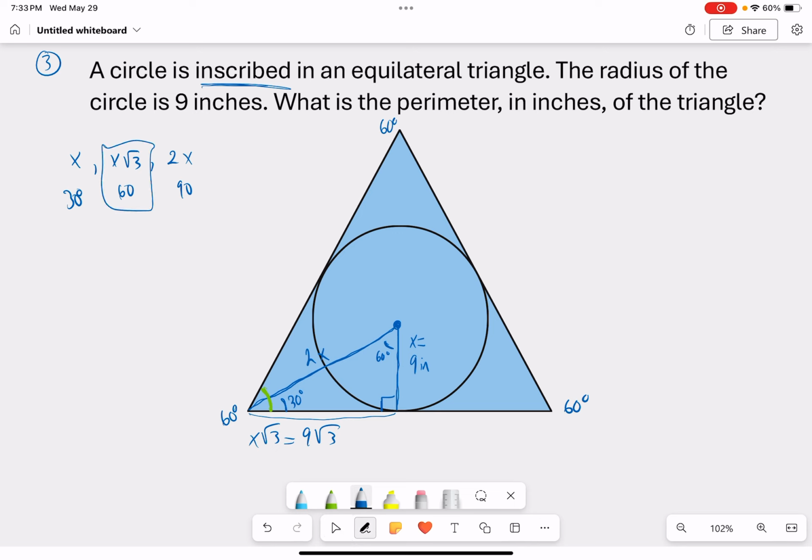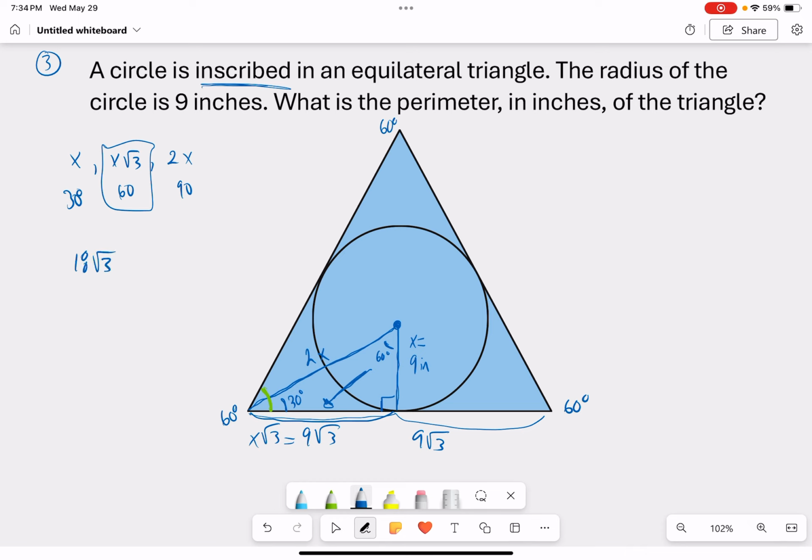And we established that x is equal to 9, because opposite 30 degrees is the smallest measure, which is the radius of this circle. So we have 9 root 3. We're not done yet, because that is only half of the base. To get the other half, we just add another 9 root 3, or multiply by 2. And that is going to give us 18 root 3.